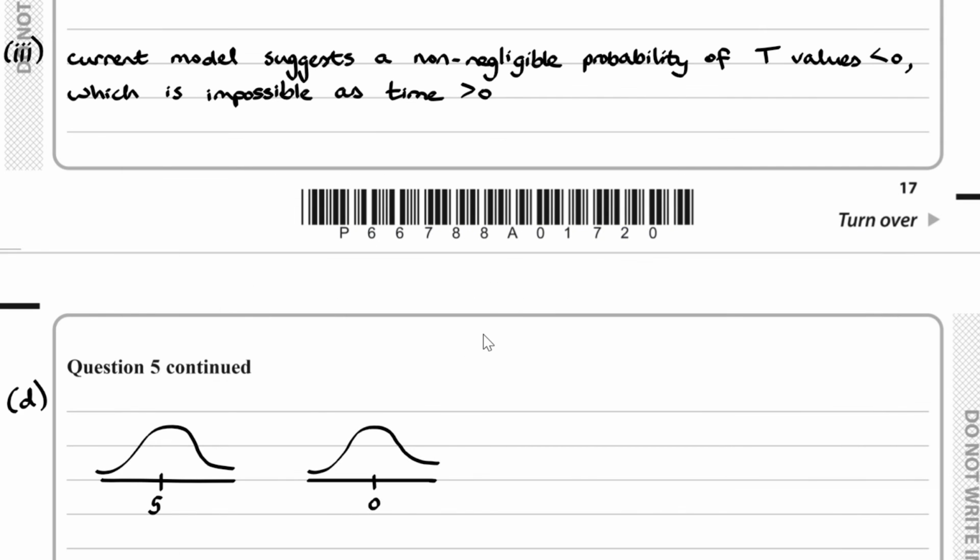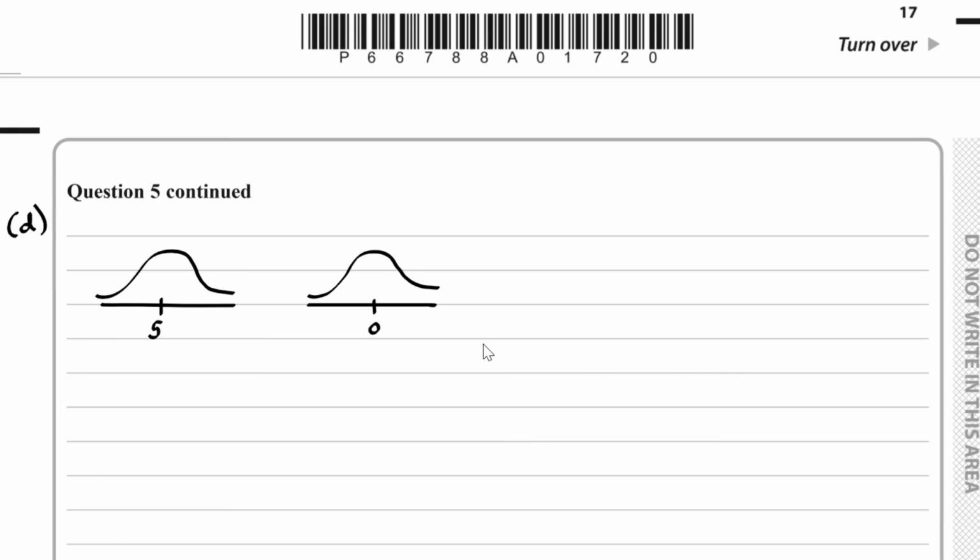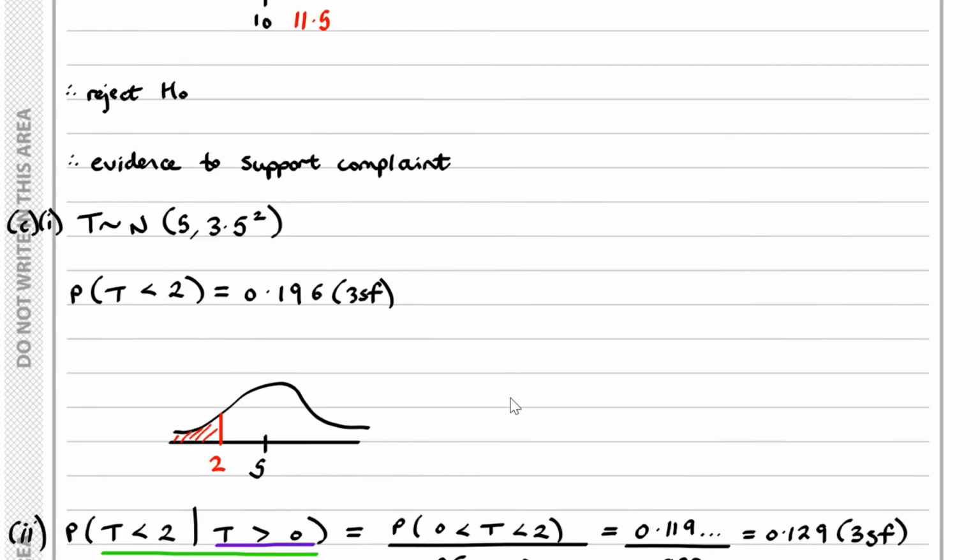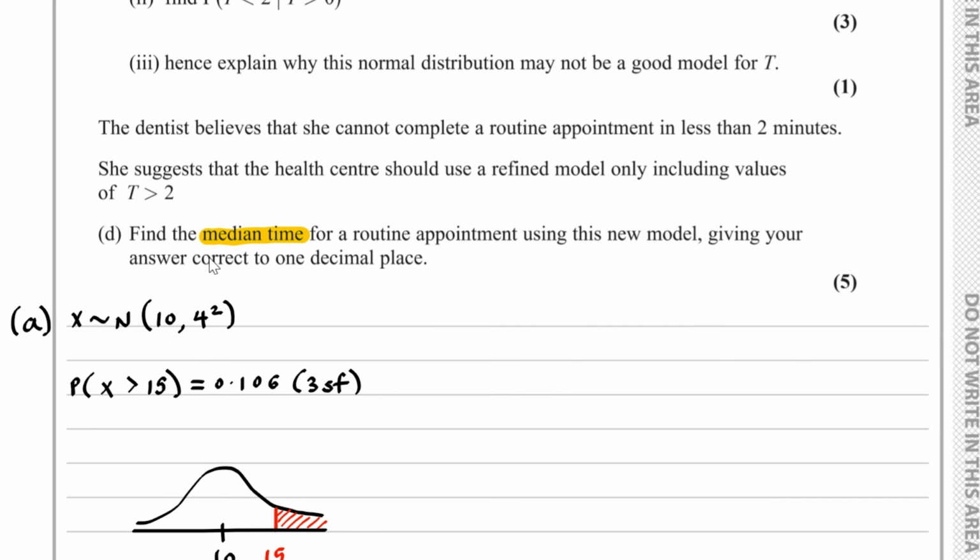Okay, so what does this mean? Essentially, the median of a probability distribution is 0.5. So with that information, what are we looking for over here? Well, we're finding a new median time, okay? And she suggests that the health centre should use a refined model only including values of t greater than 2.